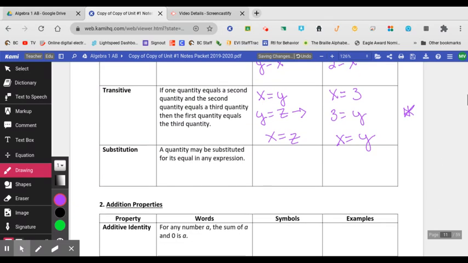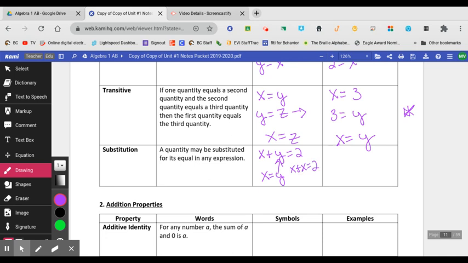Substitution, you've used a lot in the past, but you didn't really give it the name of a property. It's when you can substitute an equal quantity for its expression. So if I know that X plus Y equals 2, and I know that X equals Y, I can substitute X in. So I can say X plus X equals 2.